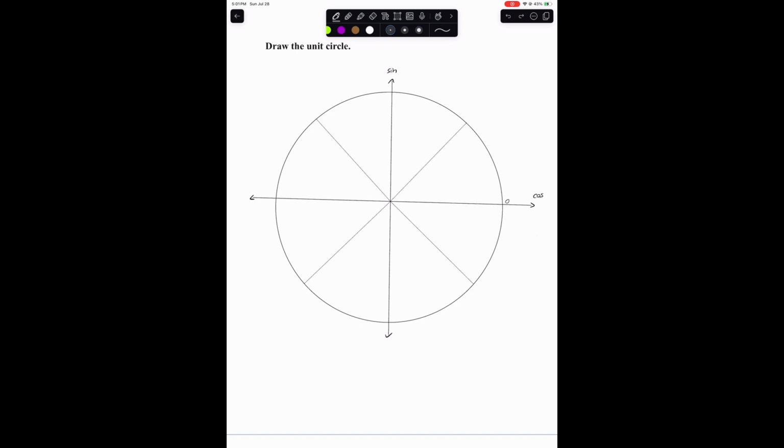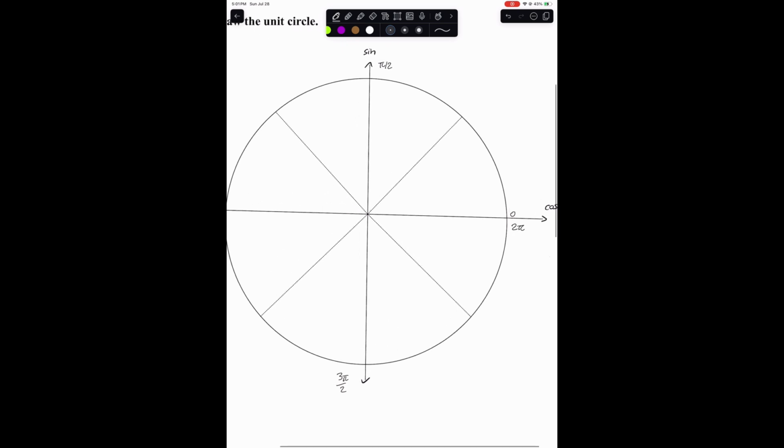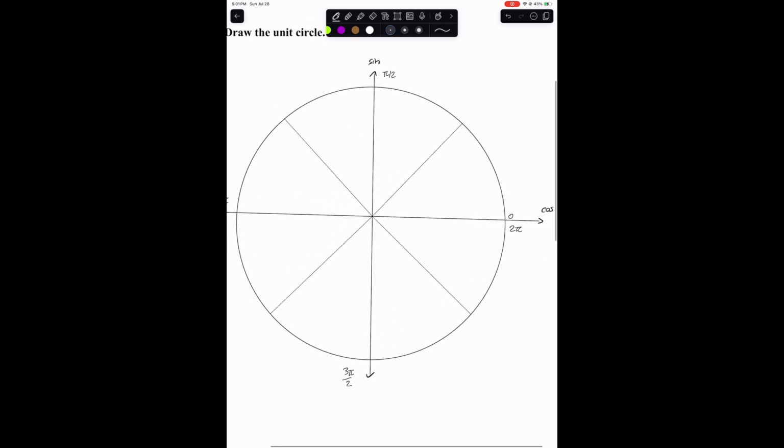This is 0, you have pi over 2 over here, and you have pi, 3 pi over 2, and you end up with 2 pi, or just 0. So anyways, for our angle of 45 degrees, or pi over 4, I'll use radians.